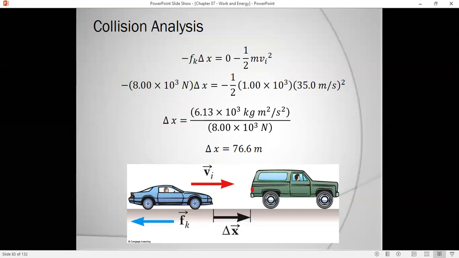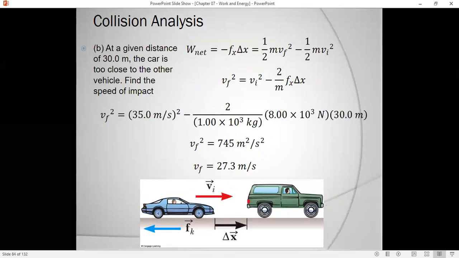So again, you can see, simply by conserving energy, we can calculate how much distance I need to produce the work needed to bring the car to rest. Okay. At a given distance of 30 meters, let's say I don't have 76 meters to stop.